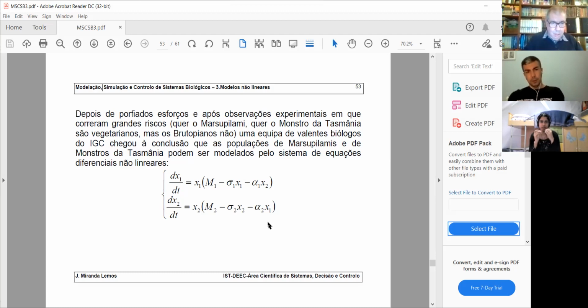So if the values of M, sigma, and alpha are equal for both. Can you see my cursor? Yes. So what is this part between the brackets? What is the equilibrium that you are looking for?